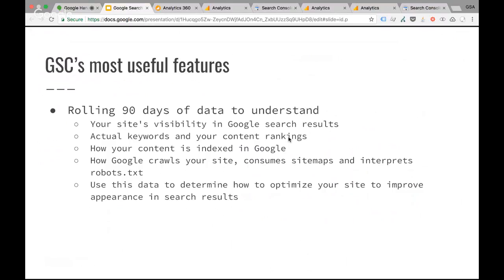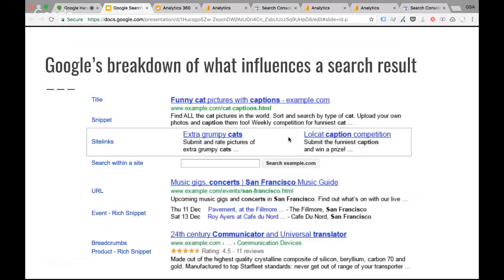You get to see the actual keywords, your content rankings, how the content is indexed, how Google crawls your site, how it consumes the sitemaps, interprets the robots.txt, all these things that influence search results. These are all website best practices. And you can use this data to determine how to optimize your site to improve your appearance in search results. So that's the really cool thing about Google Search Console.